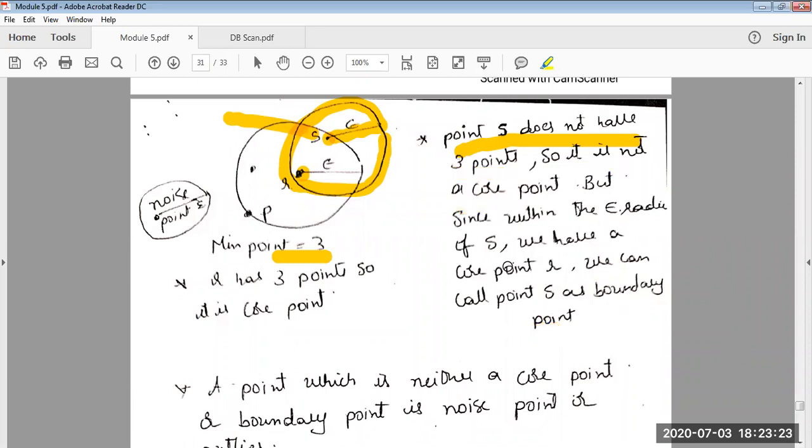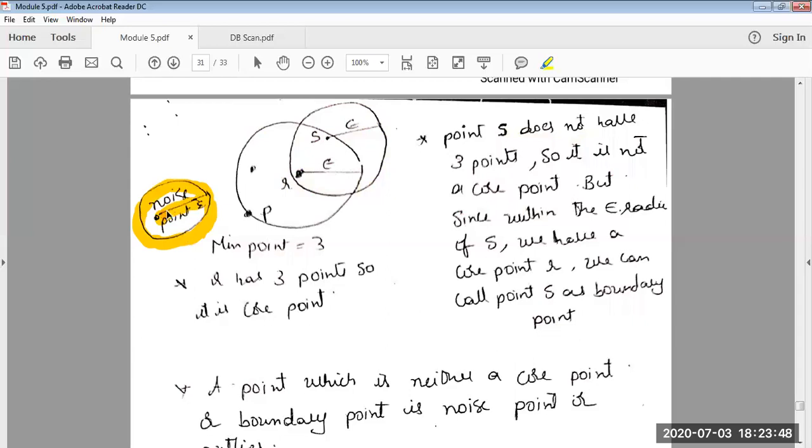So we have one more term here called a noise point. What is a noise point? The same thing. I have some point here, I'll call it Q. I have taken the epsilon radius and drawn a circle. But within this circle, I have neither a core point nor a boundary point.